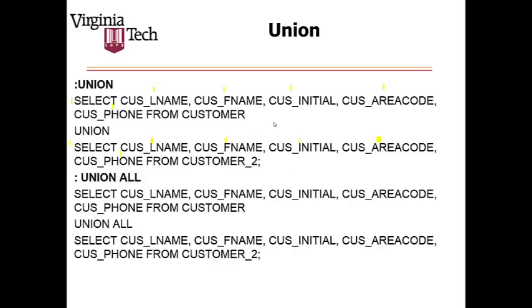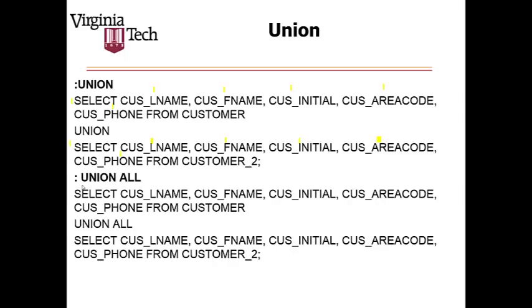So we have two tables, customer 1 and customer 2. And this is going to give us a union of the rows in both of those tables with the duplicates eliminated.